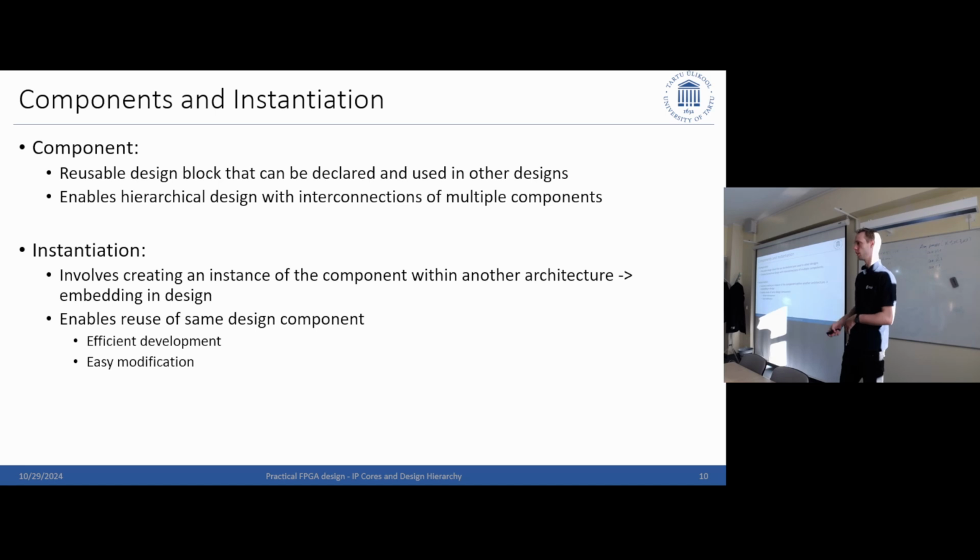So it allows me to have in one architecture multiple components, which I then can interconnect to different things, almost like a data router, if you want. The instantiation will basically instantiate a component, which makes as many components as you want. So you can have one component, which you define, and then you can create 10 of them. And I will have one of the slides where you can see this a bit.